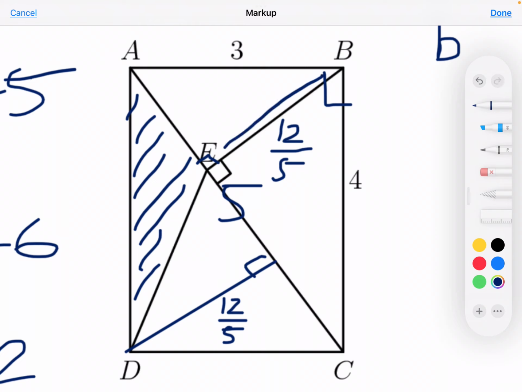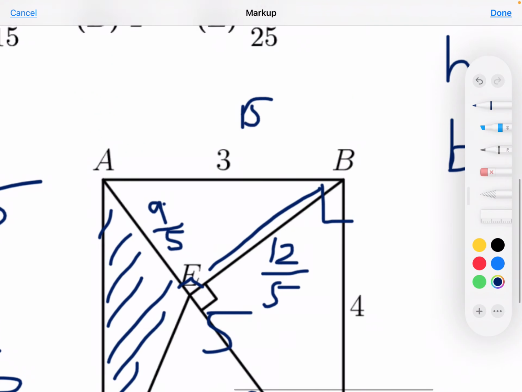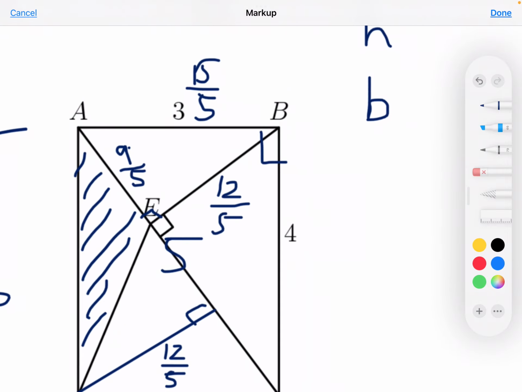So there's the 4 side, compared to this one, and then this side would be 9/5, because 3 times 3 and 3 times 4. And this is also 15/5, since 15 is 3 times 5. So now we have that. Wonderful. We have the base.